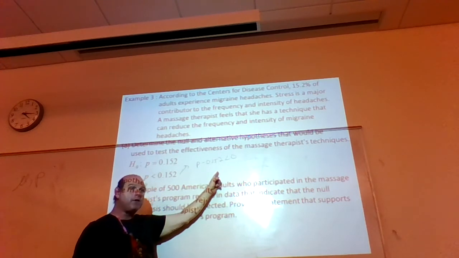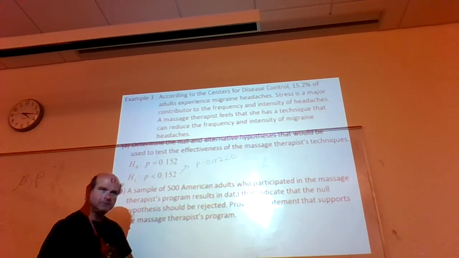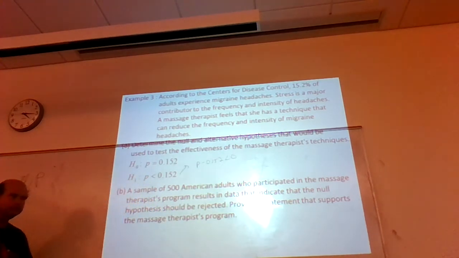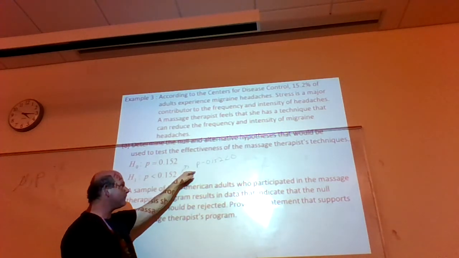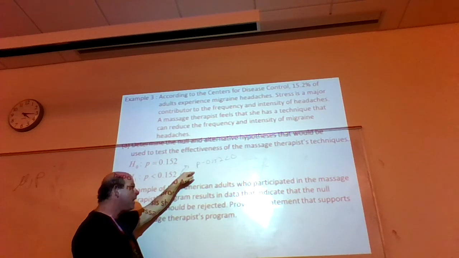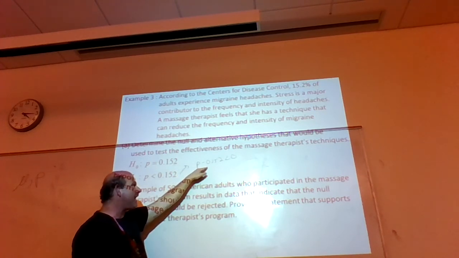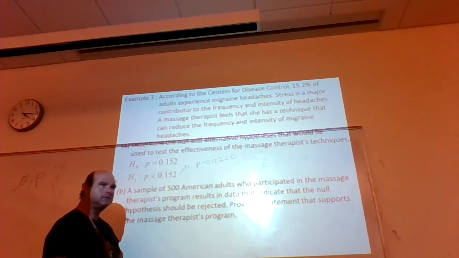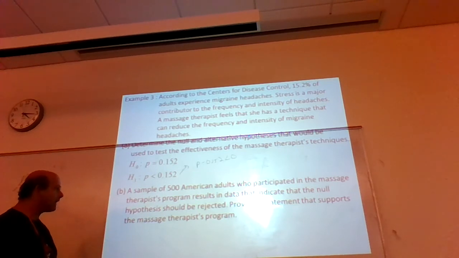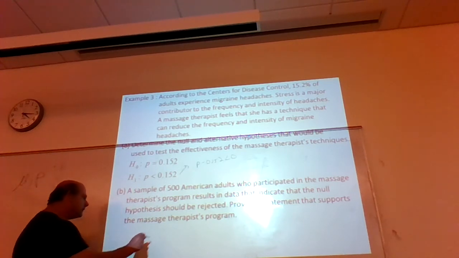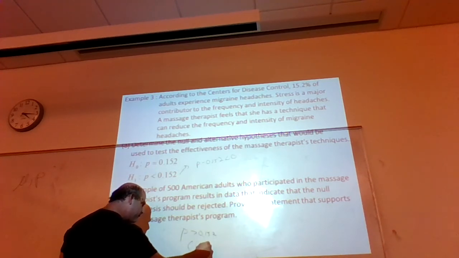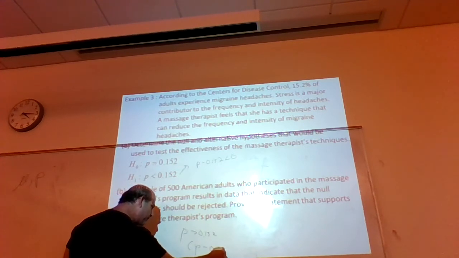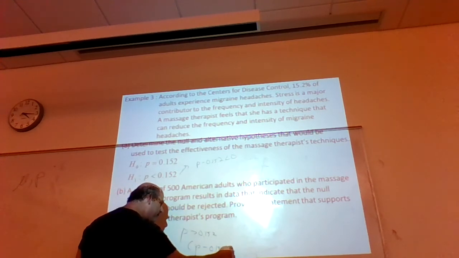If it was greater than, it would be greater than 0. I said that the difference between the population proportion and its value is less than 0. But if this was greater than, you would say the difference between the population proportion and its value is greater than 0.